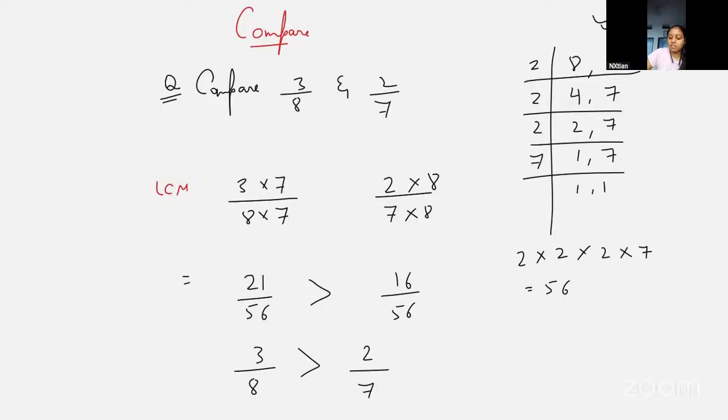Number two, we see how many times in the table of 8 and 7 it comes, and with that number we multiply both the numerator and denominator. Then you compare, because the base is the same now. You can compare the numerators and write.